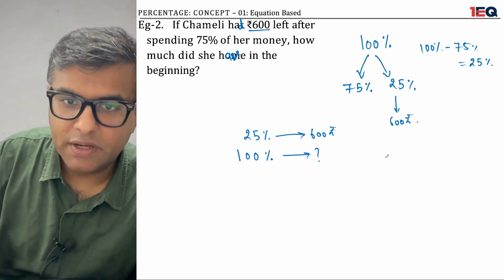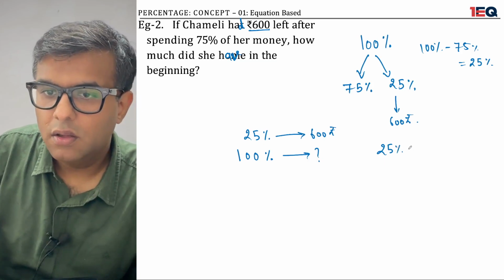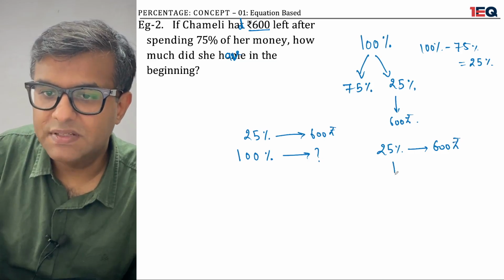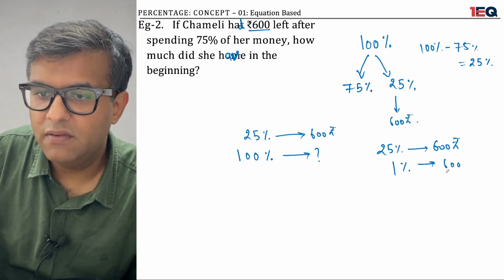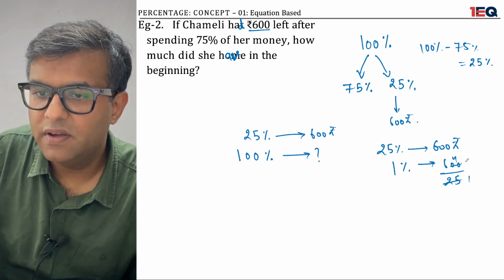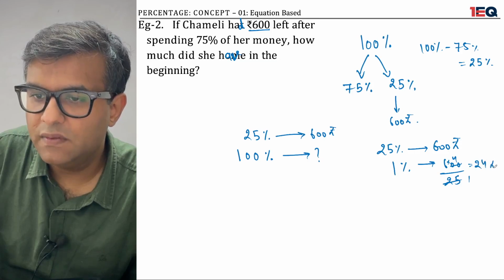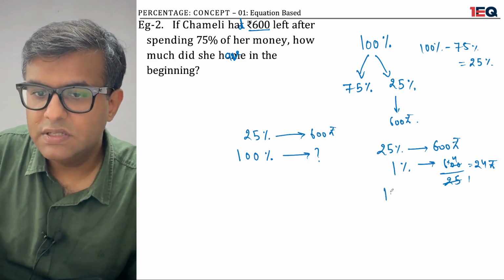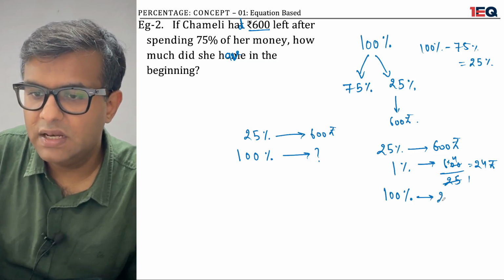So the unitary concept says that from 25%, you move to 1%. 1% of 25 would give 25 ones are 25, 25 fours are, so 6 fours are 24 rupees. And then if 1% is equal to 24, we just need to attach two zeros to the end of 24 to find out our final answer.